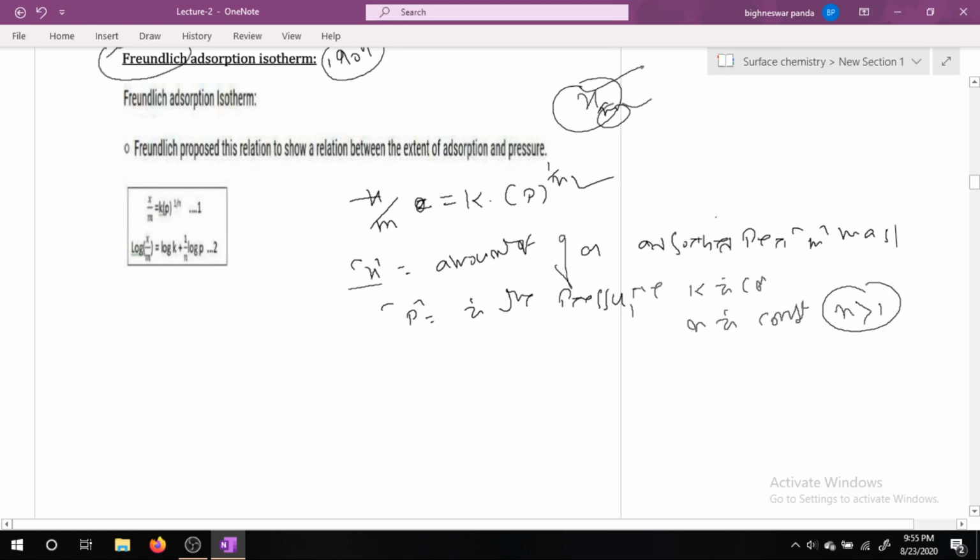If n is greater than 1, that means 1 by n lies between 0 and 1.